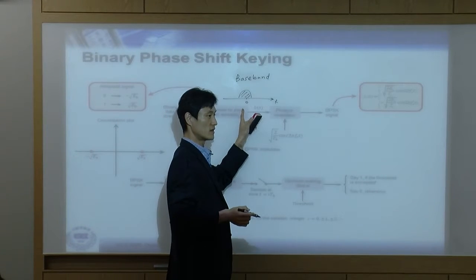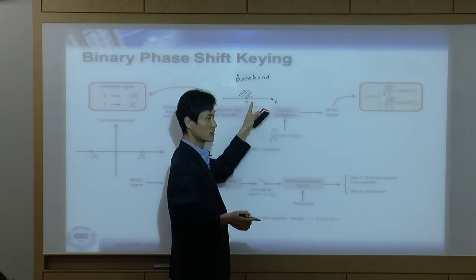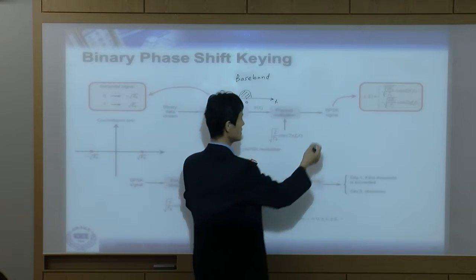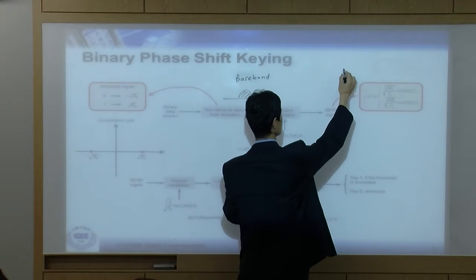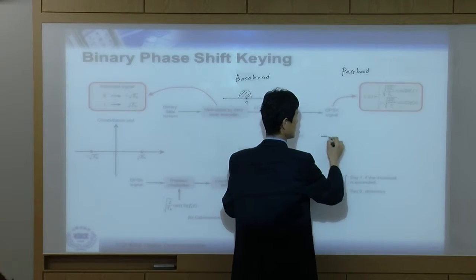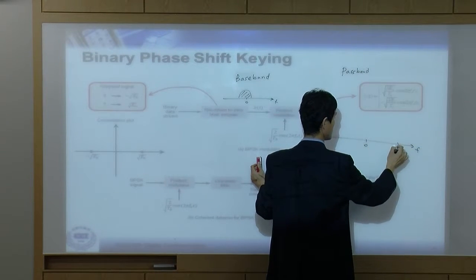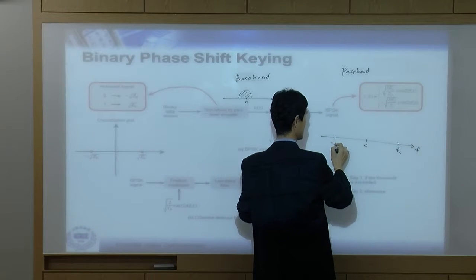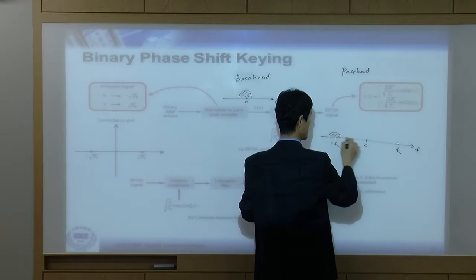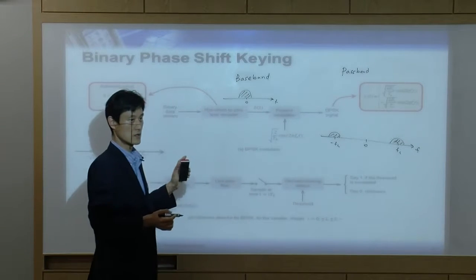When you have this signal in baseband, now you multiply the cosine into here. Then what is happening in the passband signal? What is happening is you're going to see this kind of frequency picture, right?